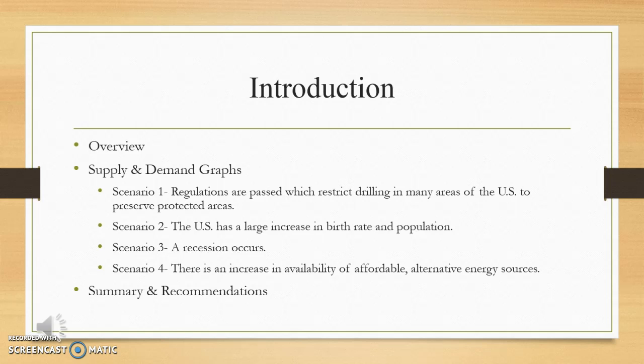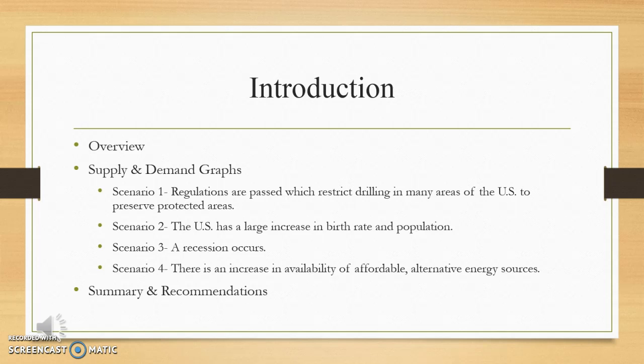Good morning! All right, let's get this started. We're going to first go over our overview, and then we're going to go over some supply and demand graphs. These graphs will include 4 different scenarios. The first scenario being regulations are passed, which restrict drilling in many areas of the U.S. The second, the U.S. has a large increase in birth rates and population. The third is a recession occurs.